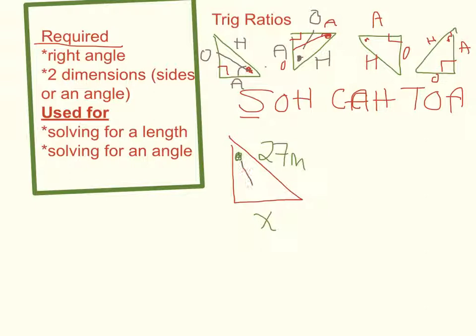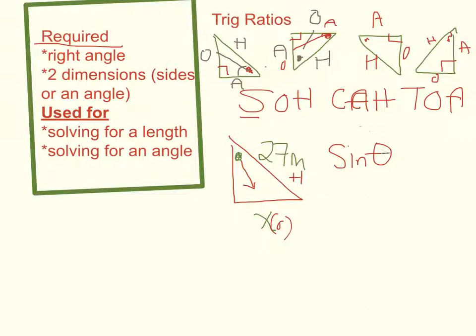I've labeled this as my opposite, so my formula has to have an O in it. That automatically takes out cos for this triangle. I know it's either sine or tan because of the opposite. I'm also given my hypotenuse. Tan does not have hypotenuse, so I'm going to use sine.